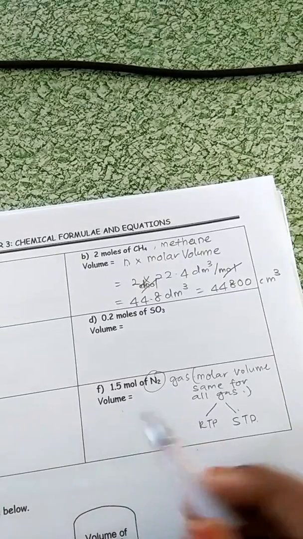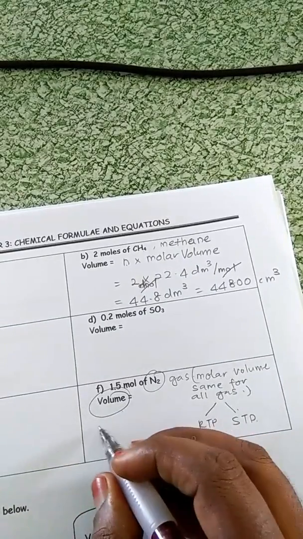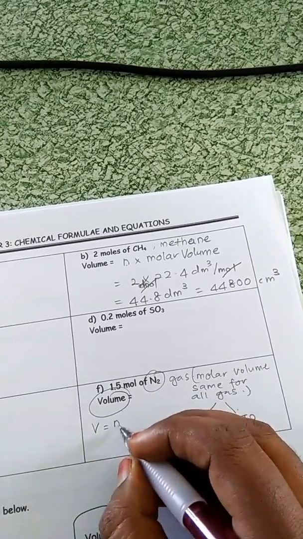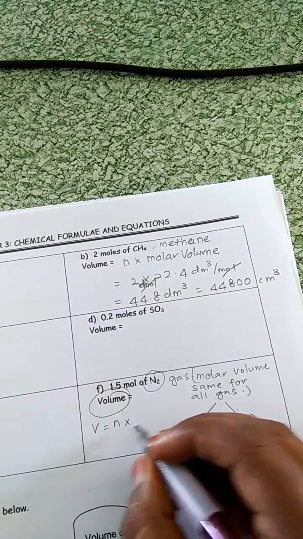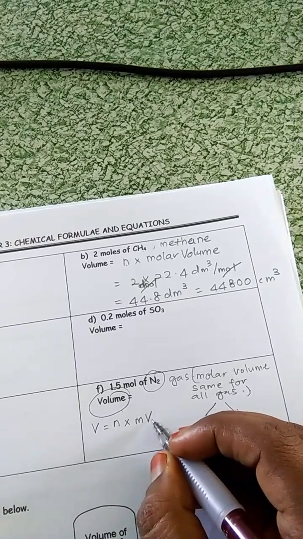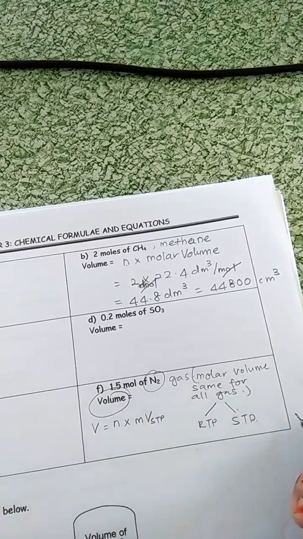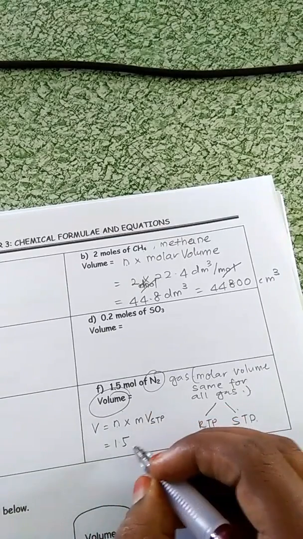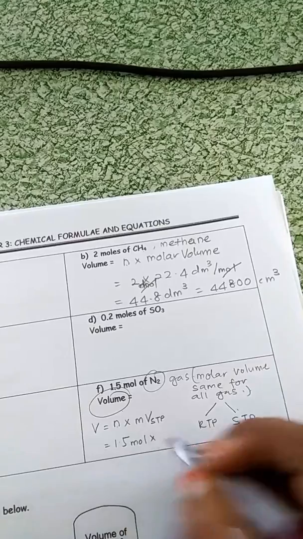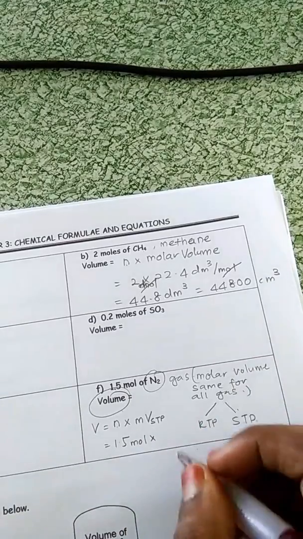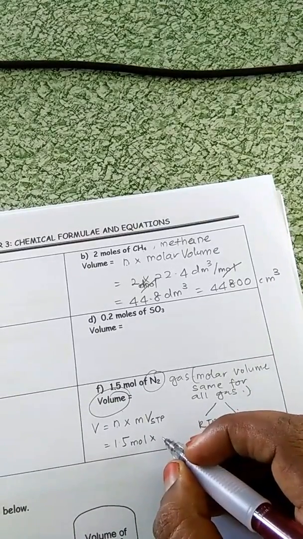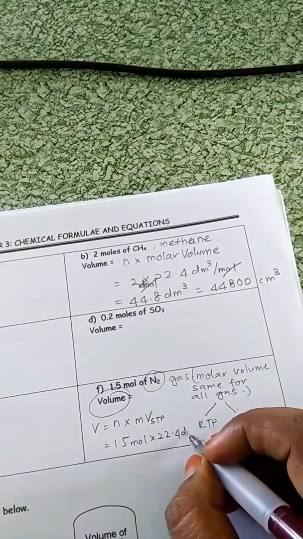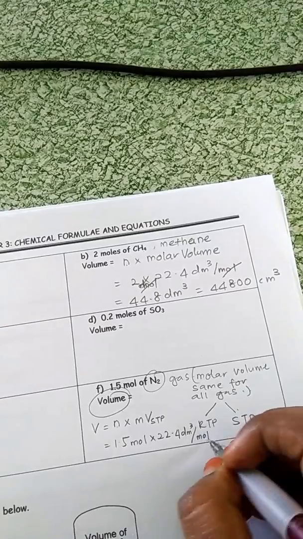So remember this one. They are talking about volume. When you are talking about volume, you have to find out number of mole times molar volume at STP. So here 1.5 mole times molar volume, which is 22.4 dm cube per mole.